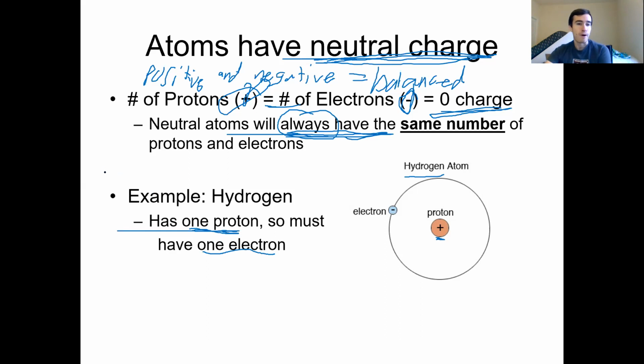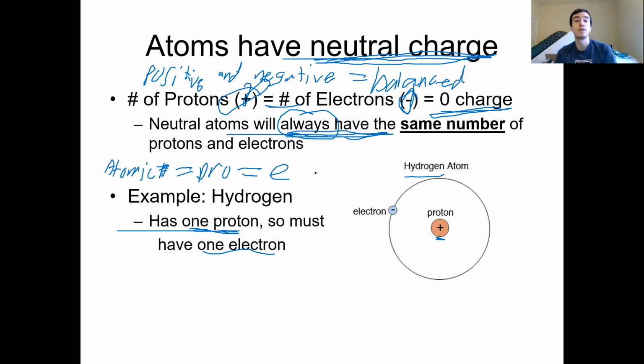So our atomic number, if you remember from just a second ago, not only does it equal our number of protons, but it is also equal to the number of electrons.